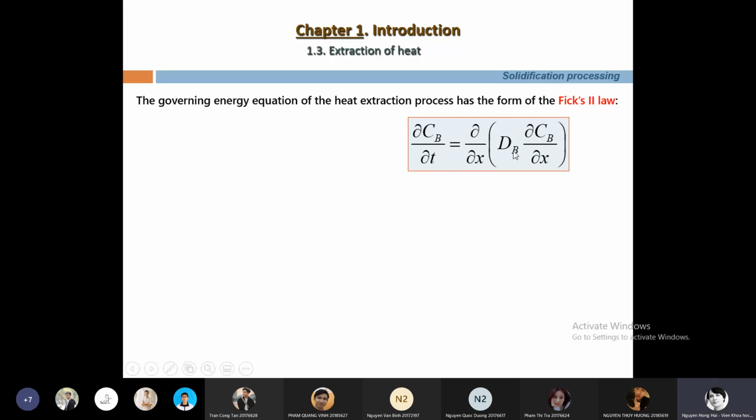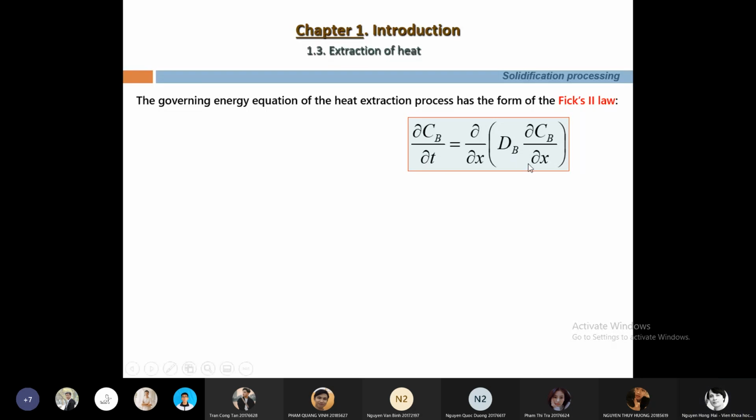And we have here B is the diffusing component, and DB is the diffusion coefficient of B. CB is the concentration of B, and H is the distance to diffuse.